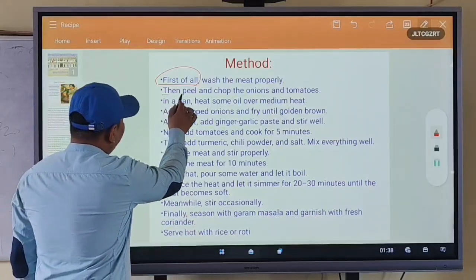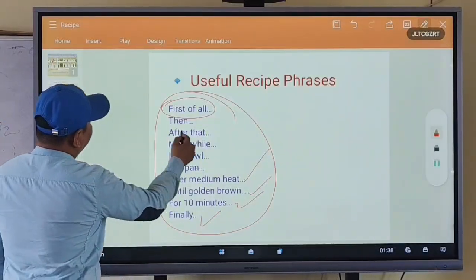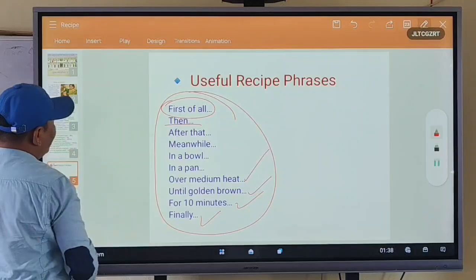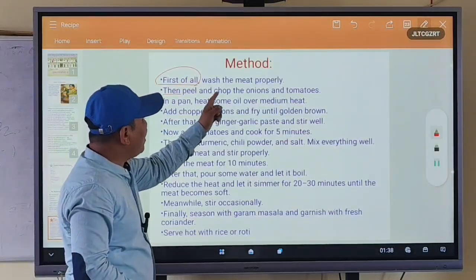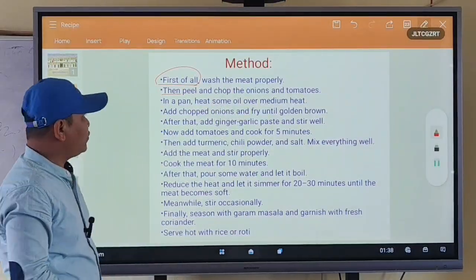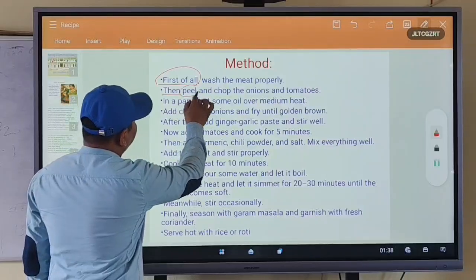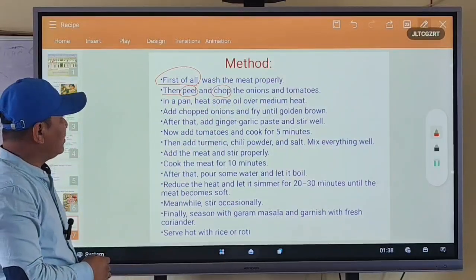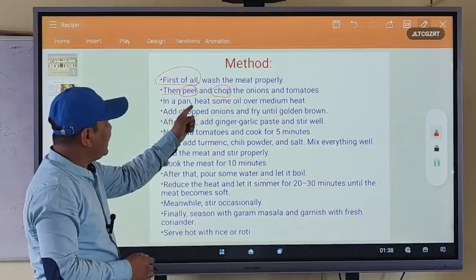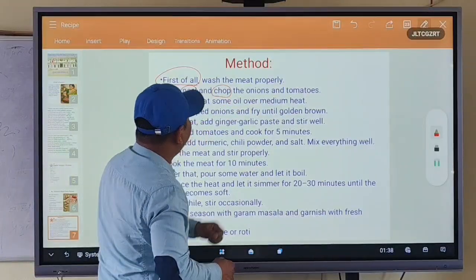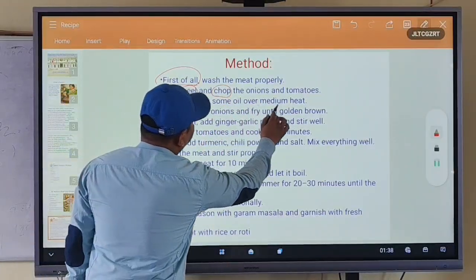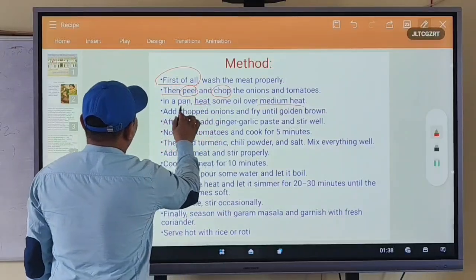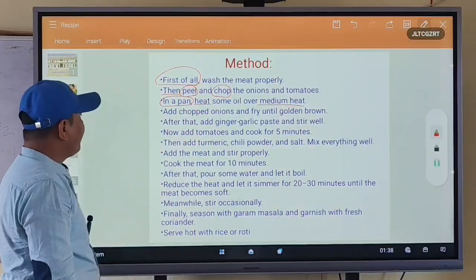Then peel and chop the onions and tomatoes. You have to memorize these words: peel and chop. In a pan, heat some oil over medium heat.